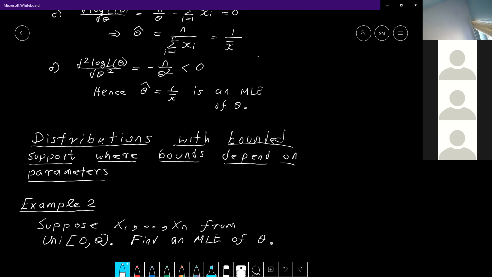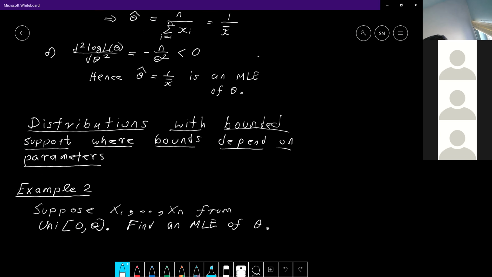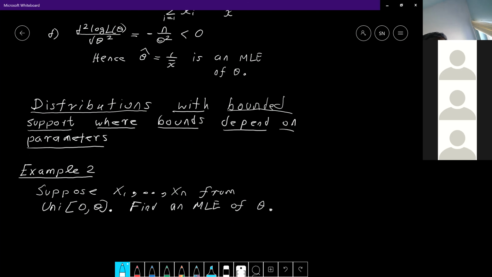According to the four-step procedure, which I just reminded you of, the first step is to write down the likelihood function, which is the product of the density function, which is 1 divided by theta power n. That's the first step.